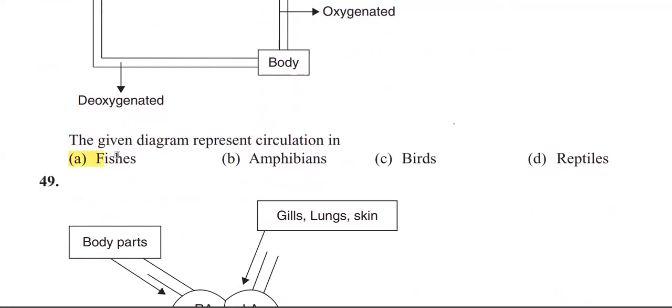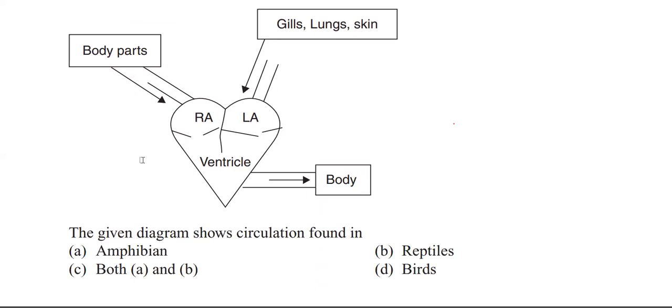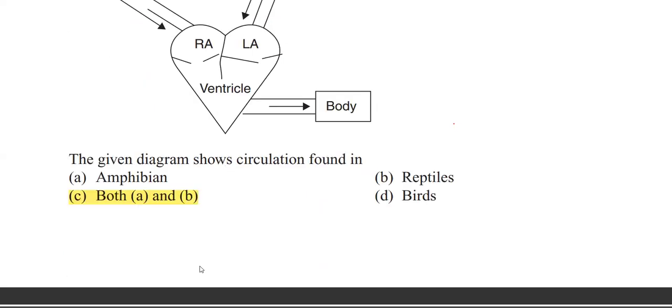Therefore, the correct option is fishes. Then the heart is given. The right atrium is receiving the deoxygenated blood of body parts, the left atrium is receiving oxygenated blood from gills, lungs, and skin, and this is the ventricle. The given diagram shows circulations found in amphibians and reptiles, both A and B.